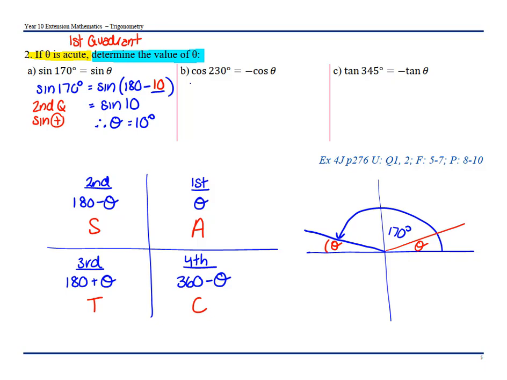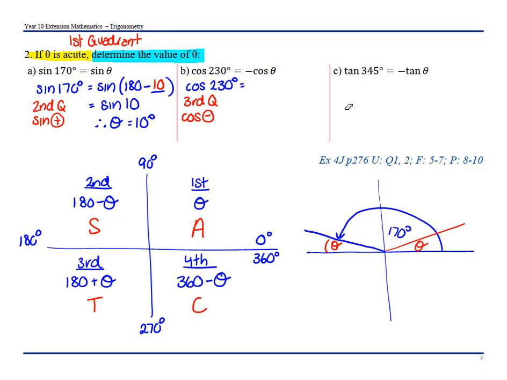In my next one, cos of 230 degrees. Okay, 0, 90 degrees, 180 degrees, 270 degrees, 360 degrees. So for 230 degrees, I'm in my third quadrant. And in my third quadrant, cos is negative.